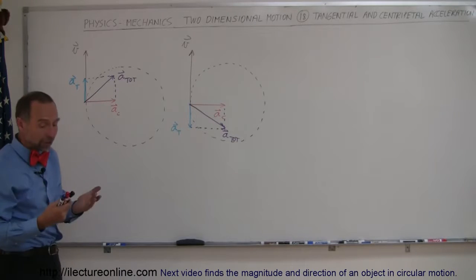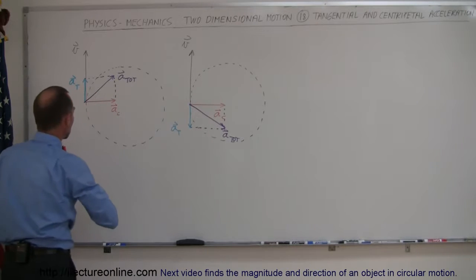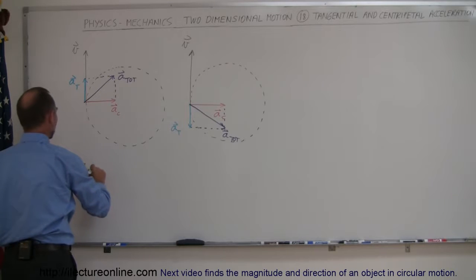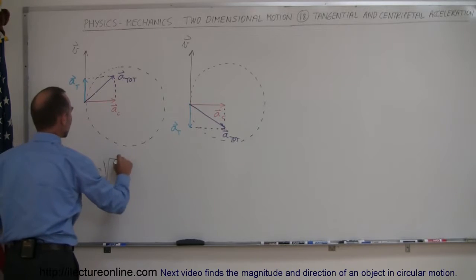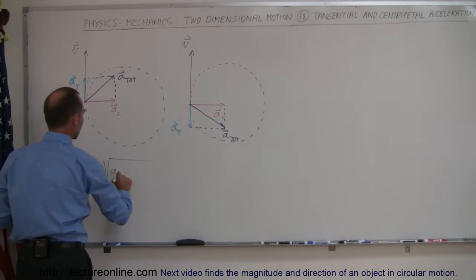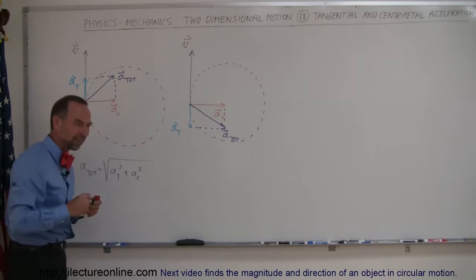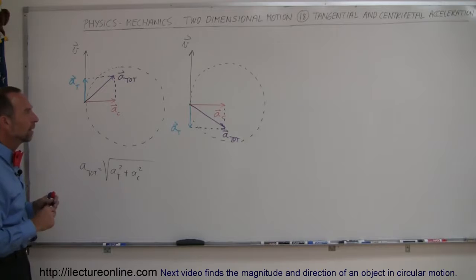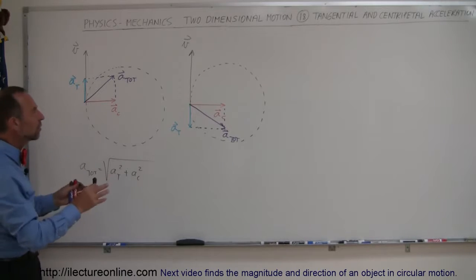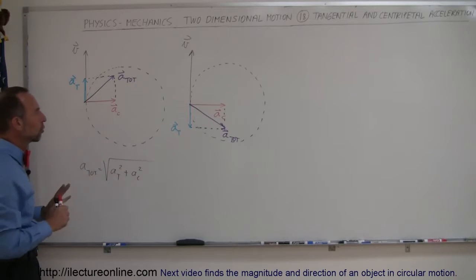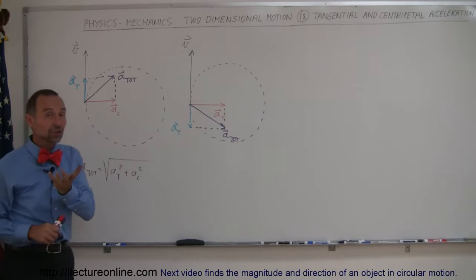But to find the magnitude, the magnitude of a total would be equal to the square root of the magnitude of the tangential acceleration squared plus the centripetal acceleration squared. So that's how we actually find the magnitude of that. But in this video, I simply want you to understand what's going on. So let's see if you understand it.